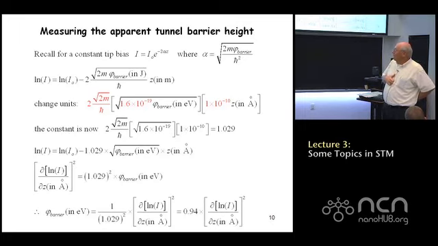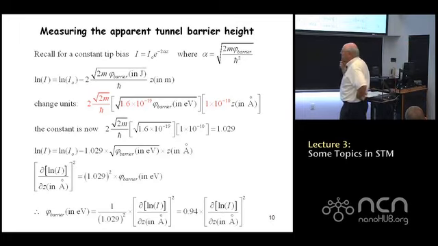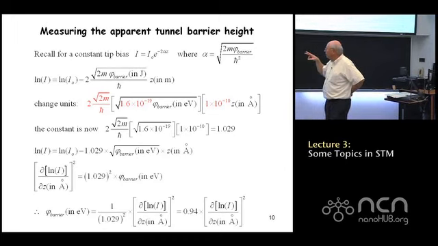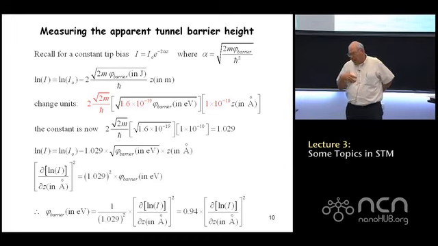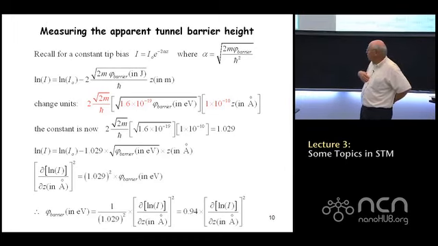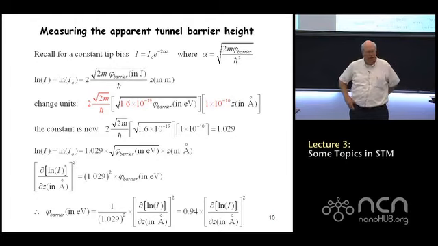Okay, now why do we do this? Well, we do this because it follows that if you take the derivative of the natural log of the current with respect to z, right, if you just take the derivative of the fifth line on that slide, and you square it, you'll find out that that derivative is equal to this constant 1.029 times the barrier height in electron volts.